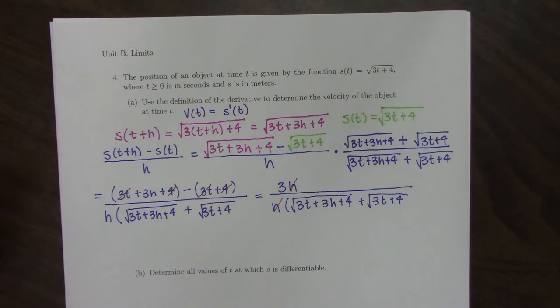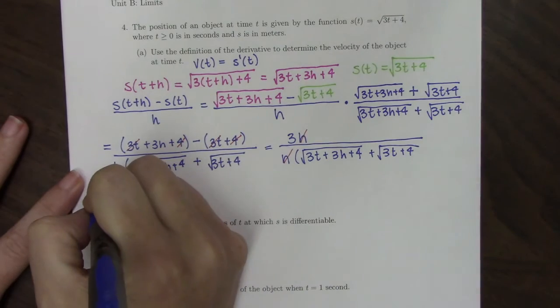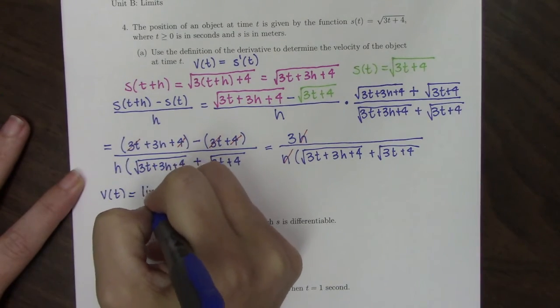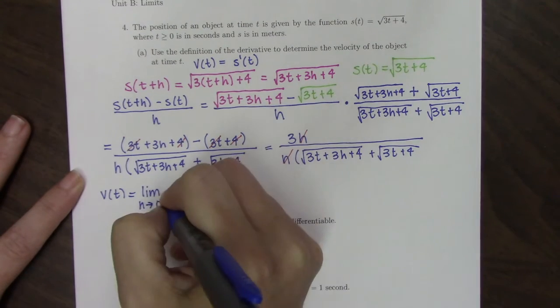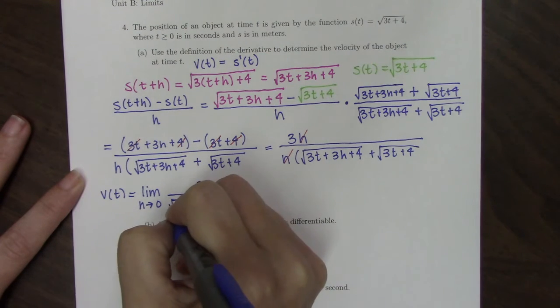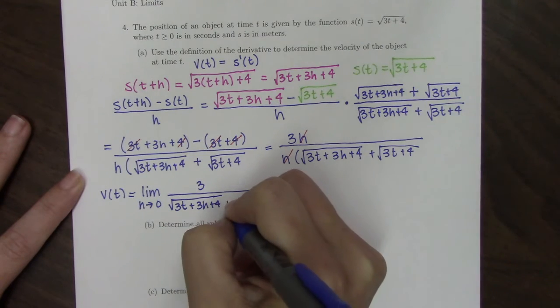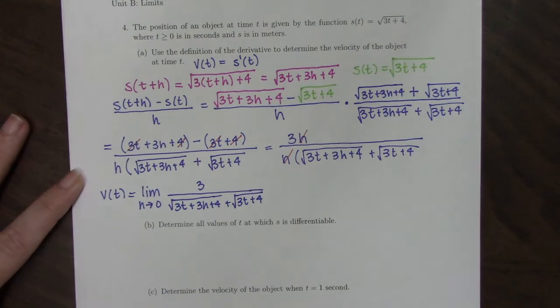So remember, as soon as that original h in the denominator is canceled, I'm ready to evaluate the limit. So I like to simplify the difference quotient and then do the limit so I don't have to write limit, limit, limit through every algebra step. So s prime of t, which is going to be our function v of t, is going to be the limit as h approaches 0 of 3 over the square root of 3t plus 3h plus 4 plus the square root of 3t plus 4.